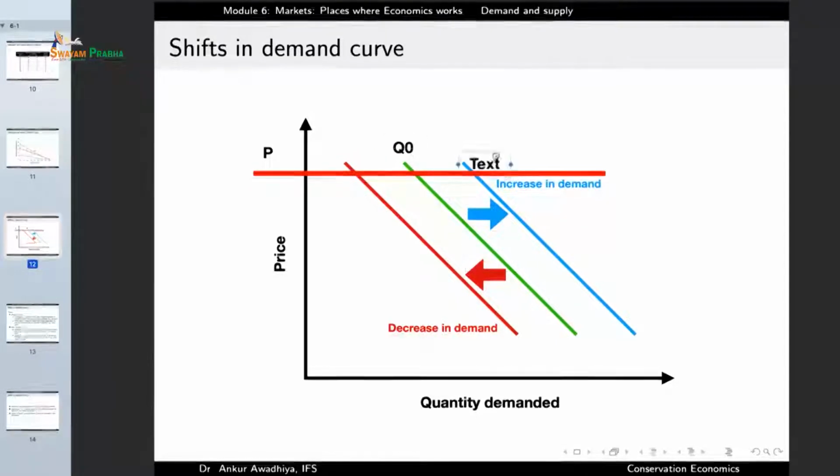The quantity that is demanded now is this Q1. So if there is an increase in demand, then more will be the quantity demanded at any price.